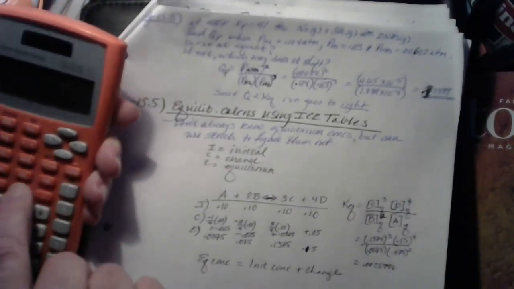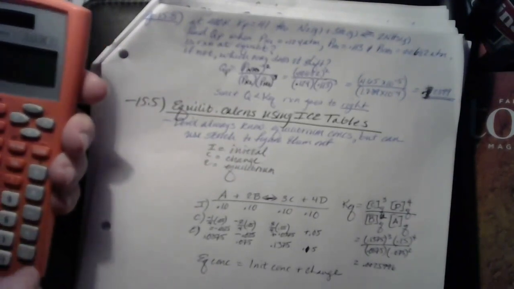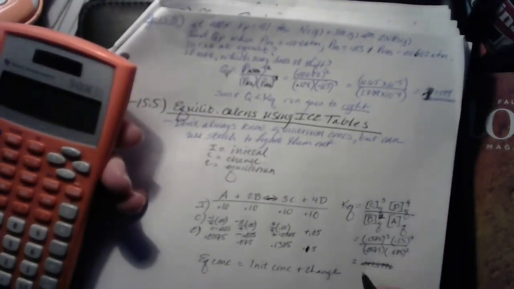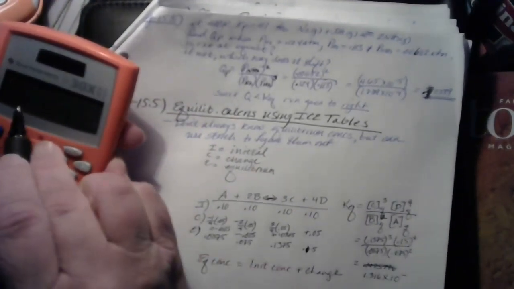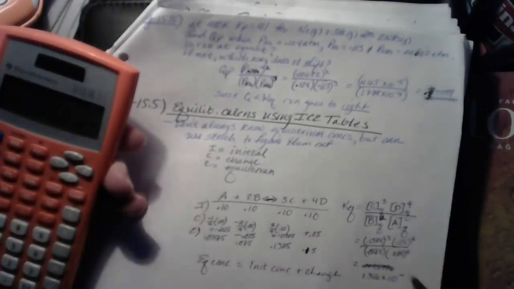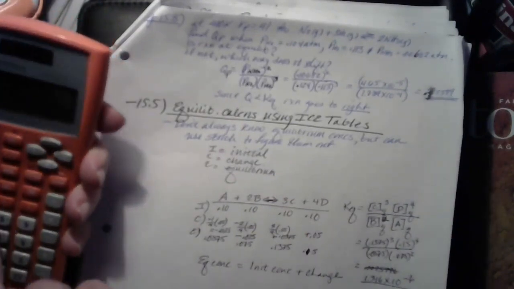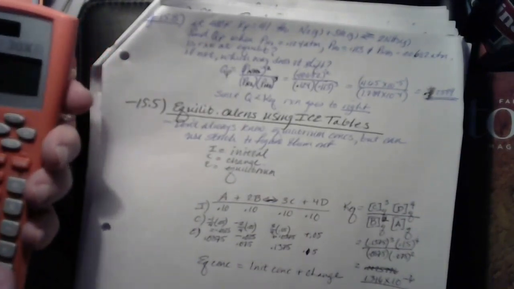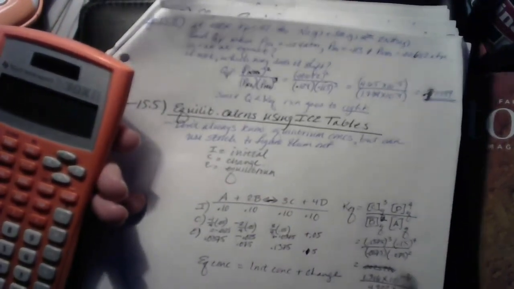And that will be times 0.15 to the fourth power. That gives us, for the entire numerator, 1.316 times 10 to the minus 6. And then for the denominator, we have 0.0875 times 0.075 squared, and that is 4.922 times 10 to the minus 4.